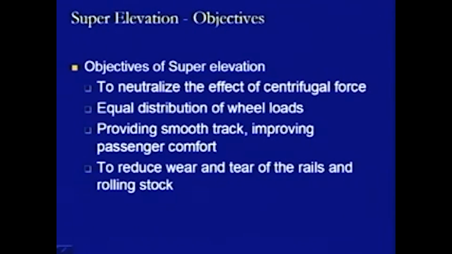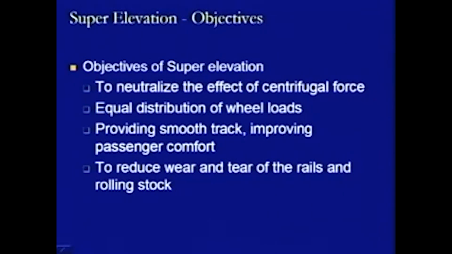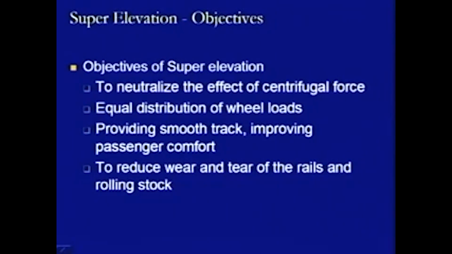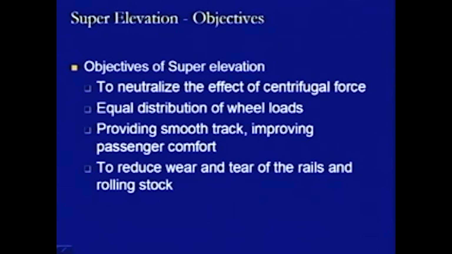This is another objective, because once the super elevation is provided, it will nullify the effect of centrifugal force which tries to take the system in the outward direction. Therefore, consider the jerk which will be felt as soon as a wagon or the rolling stock moves from a straight section, where there is no centrifugal force acting, to a curved section, where all of a sudden a centrifugal force starts acting in the outward direction.